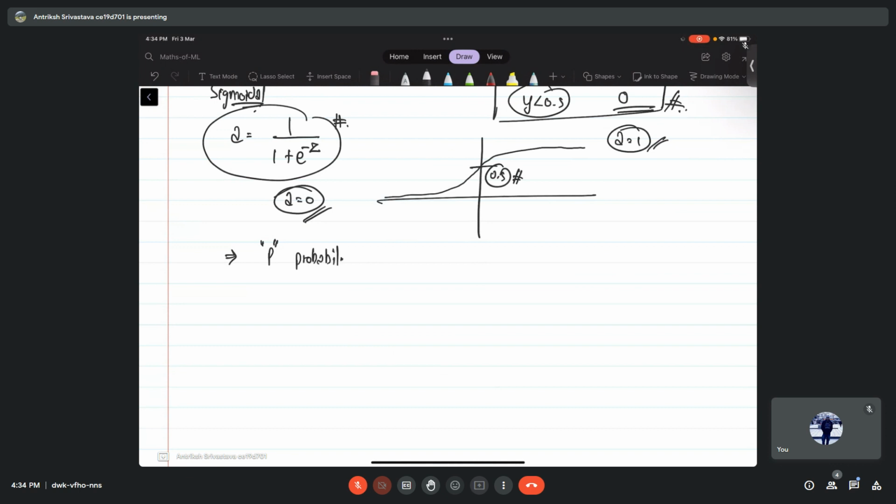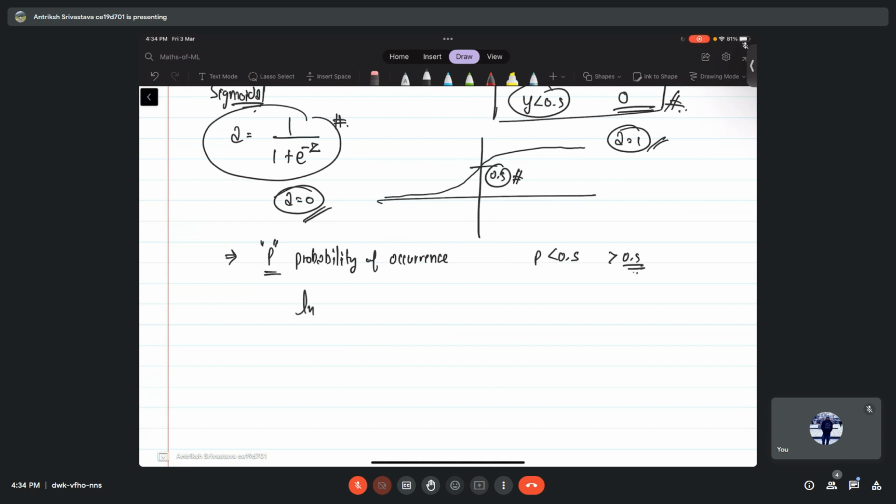Let me just write it here: probability of outcome, or probability of occurrence is much better suited. And then we are going to check whether p is less than 0.5 or greater than 0.5.